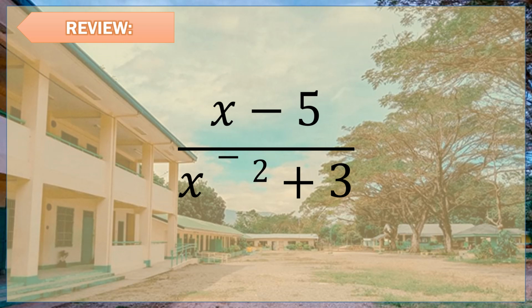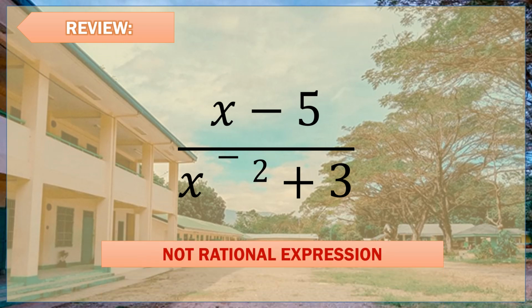Next, x minus 5 over x raised to negative 2 plus 3. Is it a rational expression or not? Yes, very good. That is not a rational expression. Ma'am, why is it not a rational expression? It is in the form of a fraction, and it has a variable.